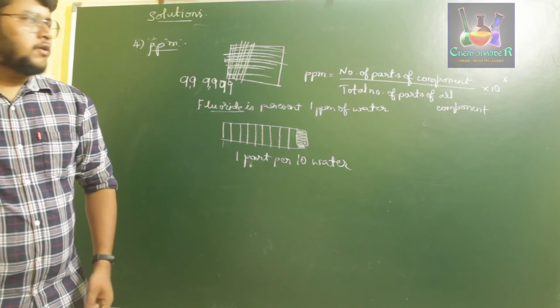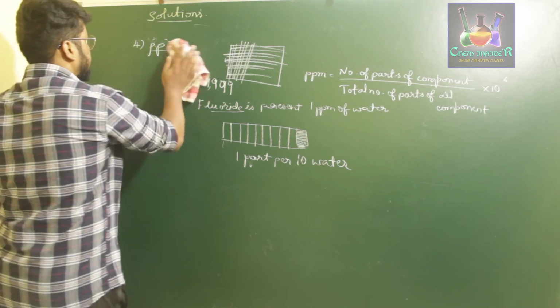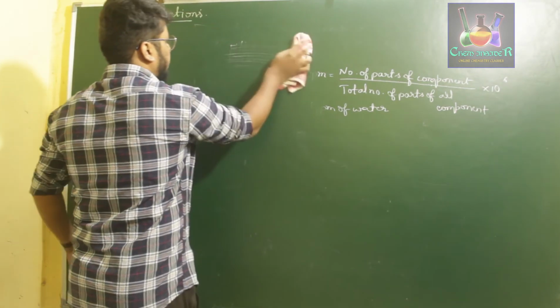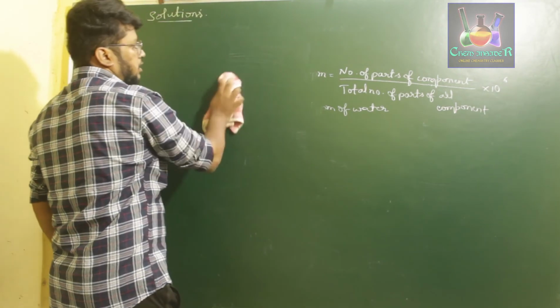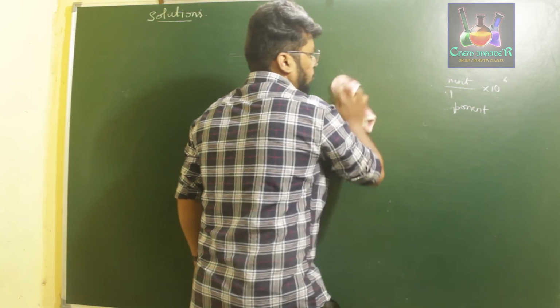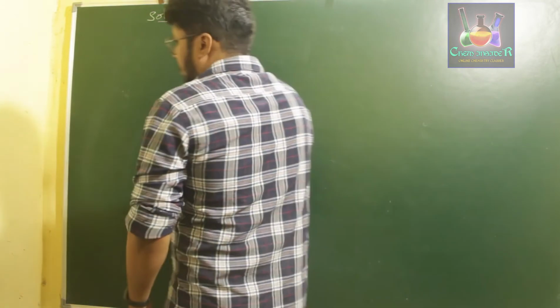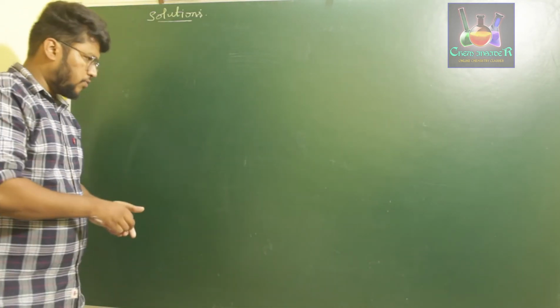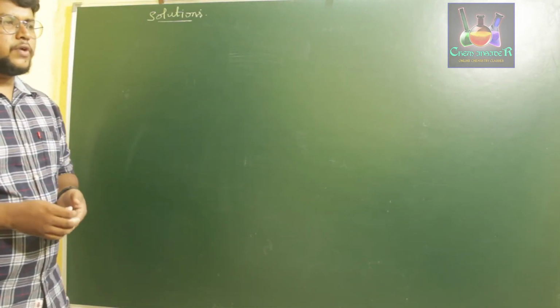So next is the fifth one, that is mole fraction. Since we generally can't always calculate the other masses in terms of mass percentage or volume percentage, we consider a very important expression for concentration, that is mole fraction. Why do we use mole fraction extensively?